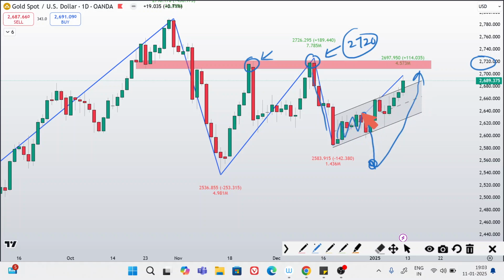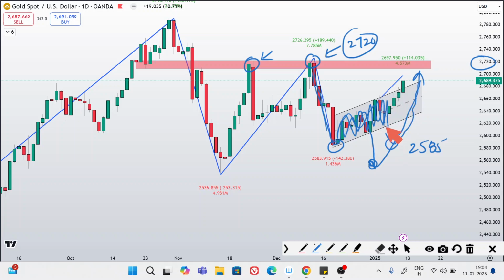But as you can see, the gold price took support at this level around 2585, and then price was trading inside this ascending channel, something like a bearish flag, and I was expecting it to move down, and then I was expecting that we can look for buy.